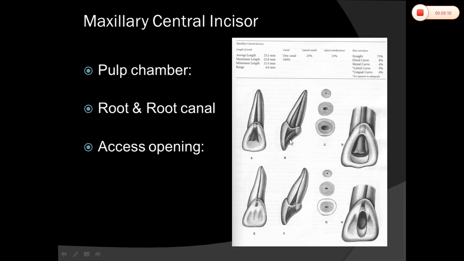You will feel the burr drop as you enter. First you should place the burr perpendicular to the long axis of the tooth. After entering into the dentin, you must change the burr direction to parallel to the long axis of the tooth. If you continue, you get a burr drop into the pulp chamber.